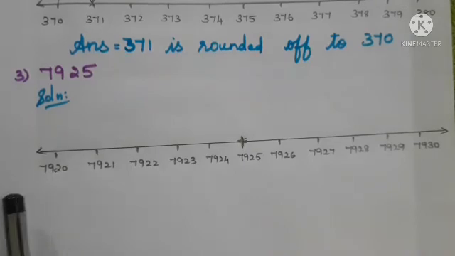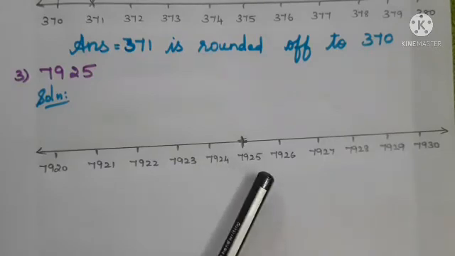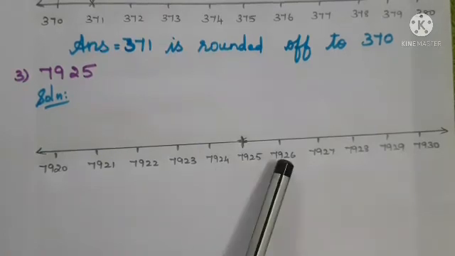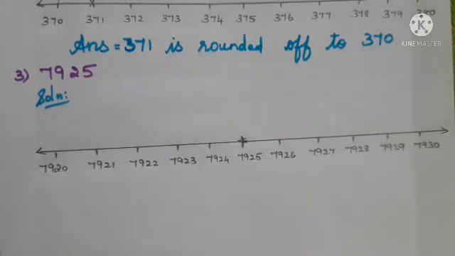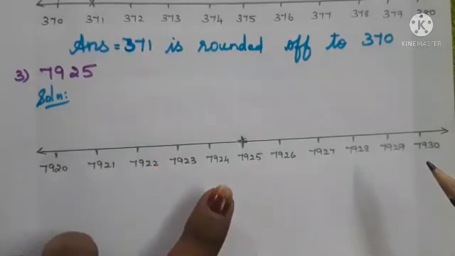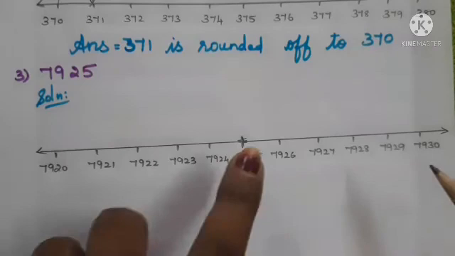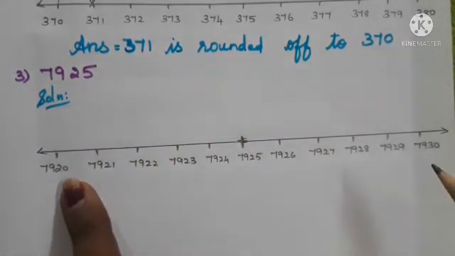If the digit at the ones place is 5 or greater than 5, it will round up. Round up means it will come to the next tens value. So if the number in the ones place is 1 2 3 4, that means it is less than 5, it rounds down, to the before tens place.